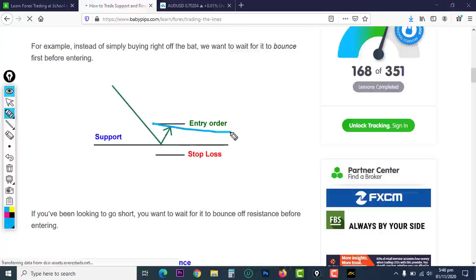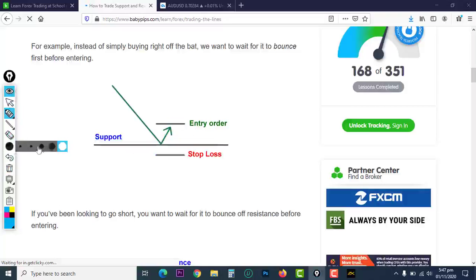This is your entry, and you want to place your stop loss right here. Remember, this is the pattern, the bounce strategy. Once price has reversed, moved away from the support area up like 20%, that is when you want to enter the market here. Okay, guys, so that's how to trade it according to what we are learning right now.